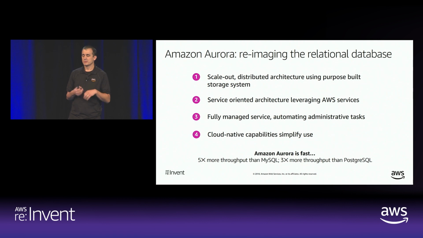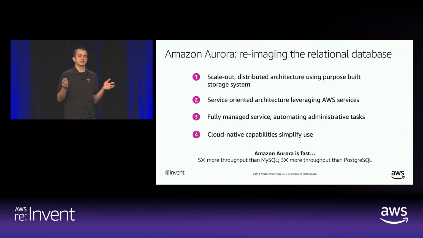But most importantly, it's a fully managed service where we automate the administrative tasks, part of the storage layer, so you don't have to worry about things like backups, patching, how to set up high availability and maintain high availability. All of that and much more is provided through the service.